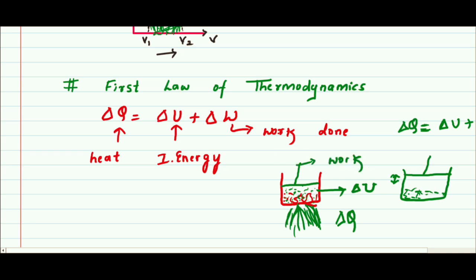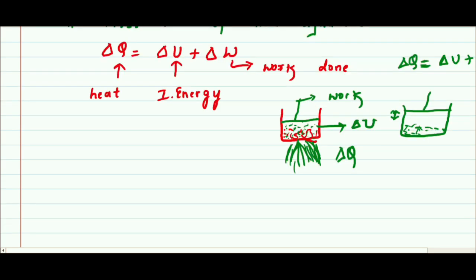So the heat supplied to the system is converted to delta U plus delta W, that is, delta Q is equal to the heat supplied, which is converted to the internal energy as well as given to the work done by the system.